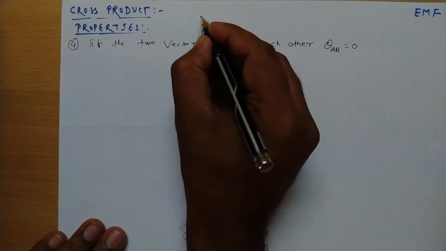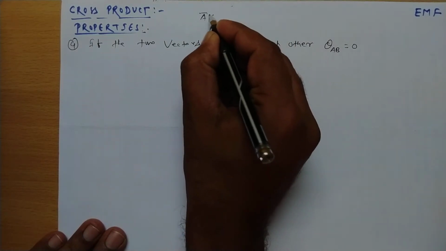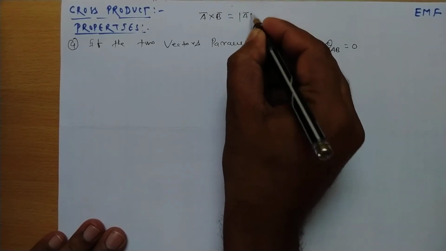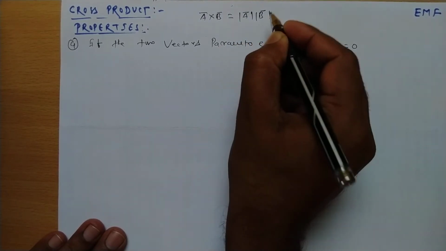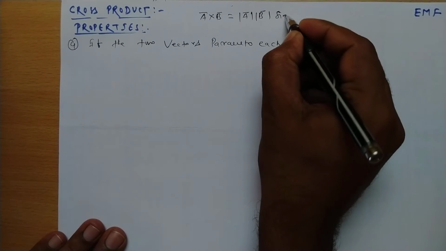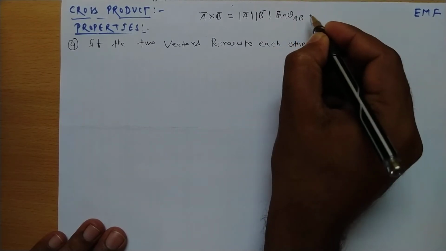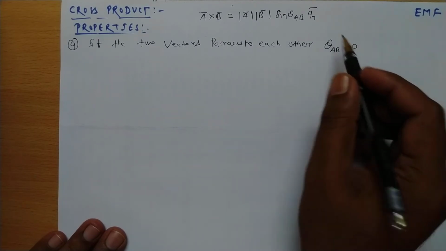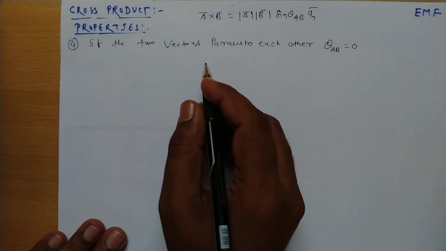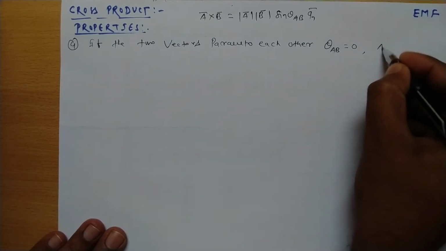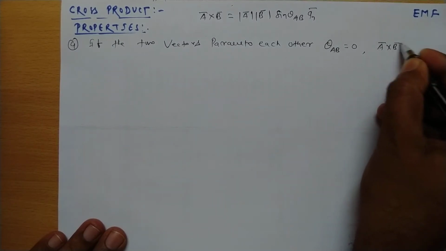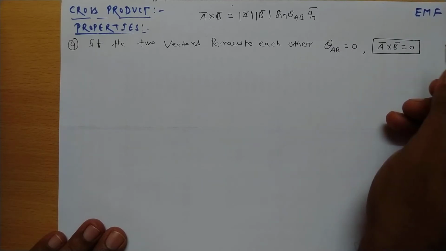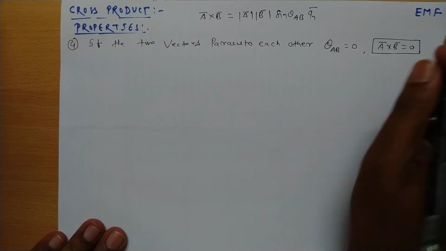As we have seen, A cross B is equal to mod of A, mod of B, sine of theta AB, with the unit vector. When this angle becomes 0, this whole term becomes 0. So A cross B will be equal to 0.